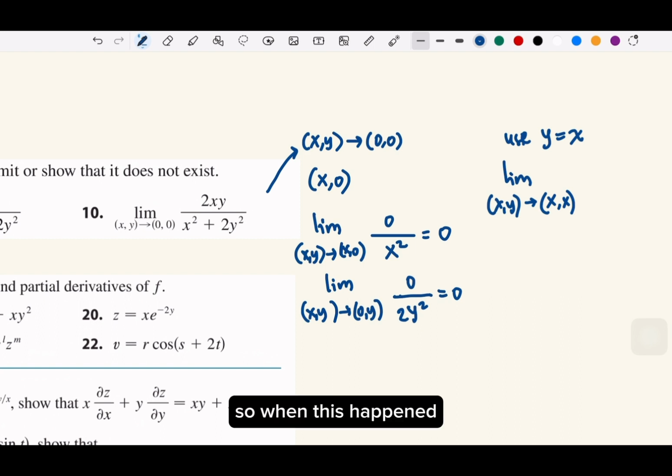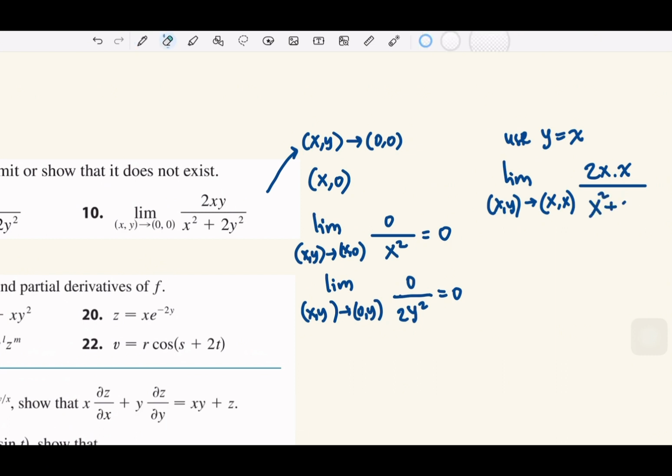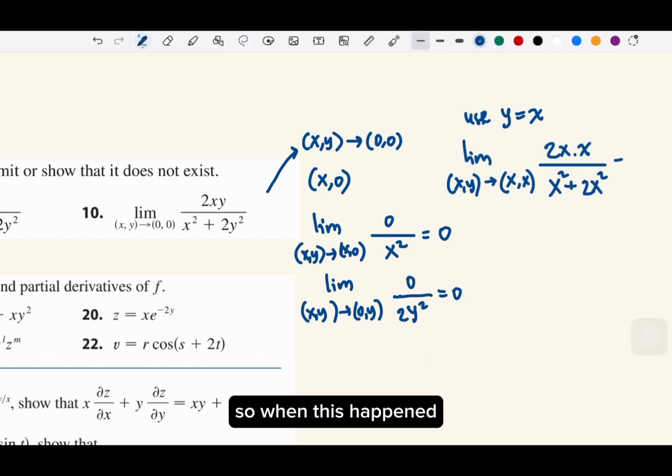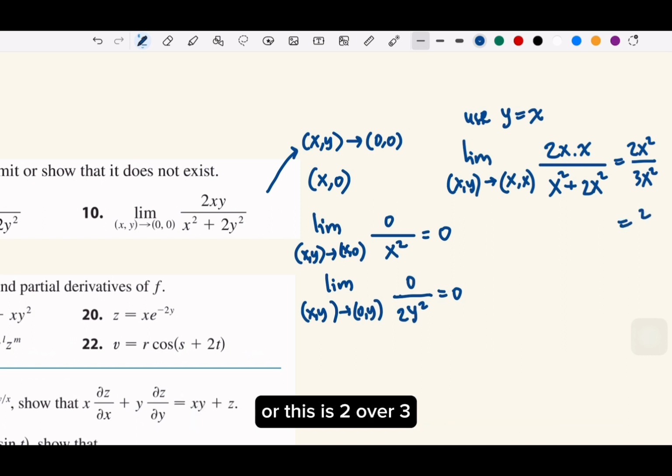So when this happens, 2x multiplied by x, and then x squared plus x squared, or 2x squared. So this will be 2x squared over 3x squared, or this is 2 over 3.